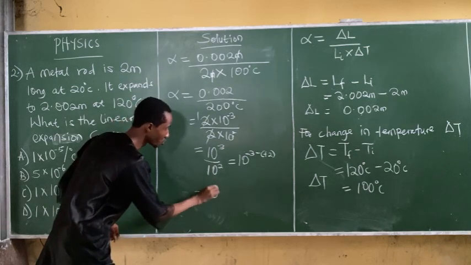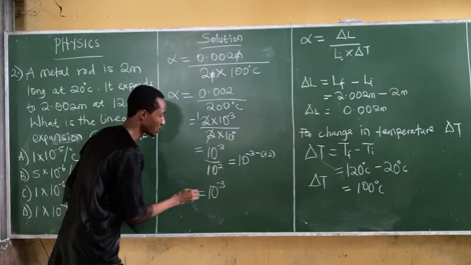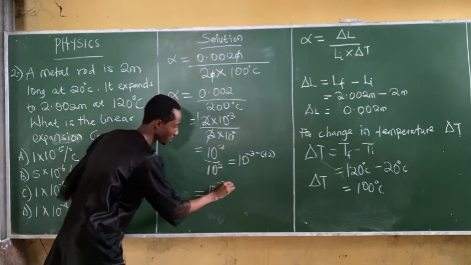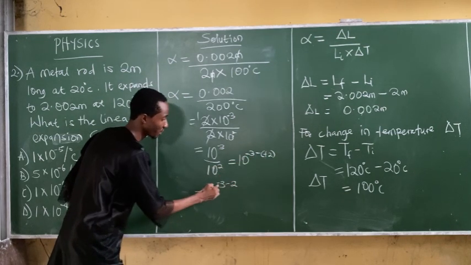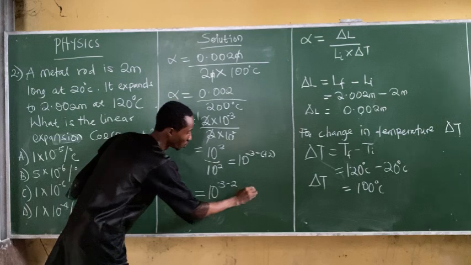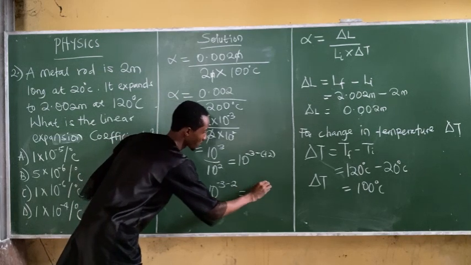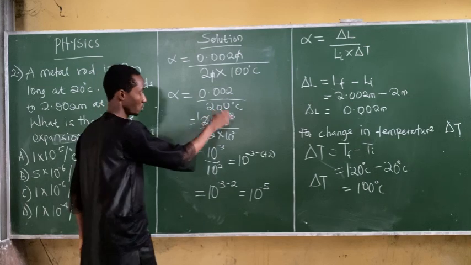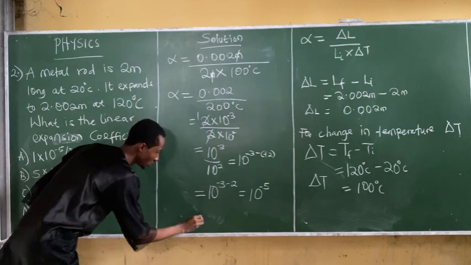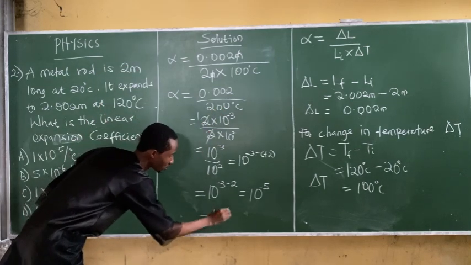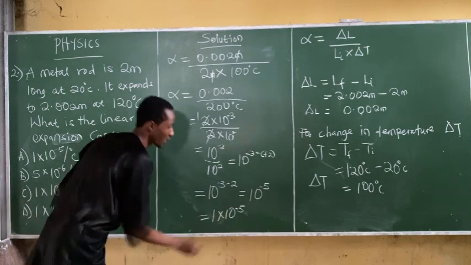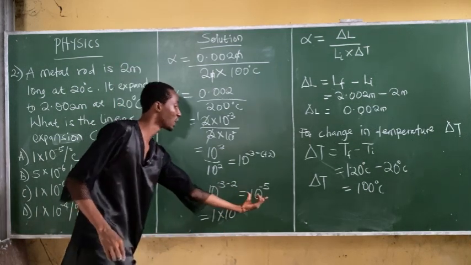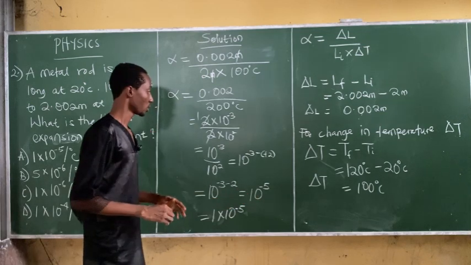Minus times plus will give us minus. So minus 3 minus 2 will give us minus 5. Don't forget 1 times whatever we have here. So this is giving us 1 times 10 raised to the power minus 5. Anything multiplied by 1 is that same thing, so if you keep your answer this way, you're still correct.